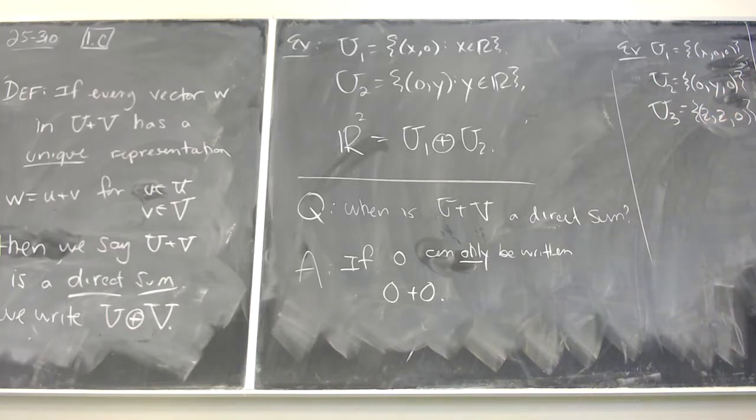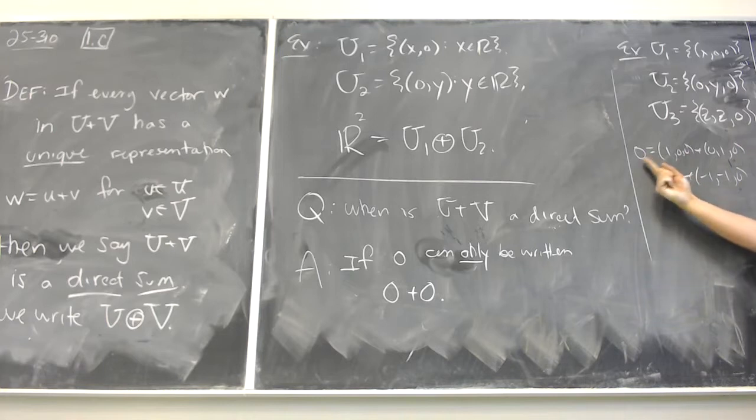I could put zeros in for everything and get 0, but I could also let this be 1, this be 1, and this be negative ones: 0 is equal to 1, 0, 0 plus 0, 1, 0 plus -1, -1, 0. That's from U1, that's from U2, that's from U3. As soon as I do this, I've basically blown it up.